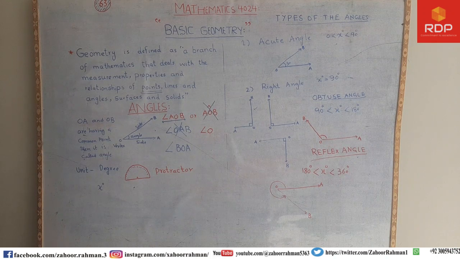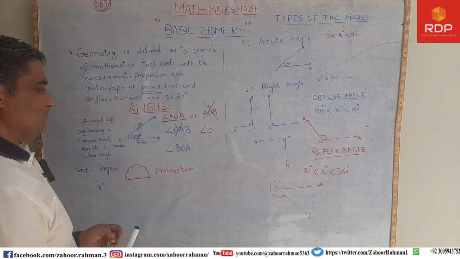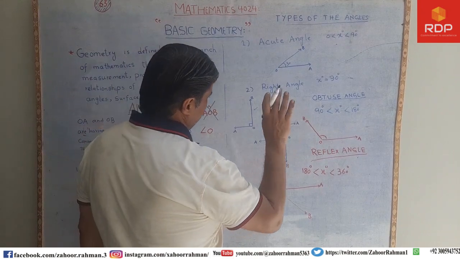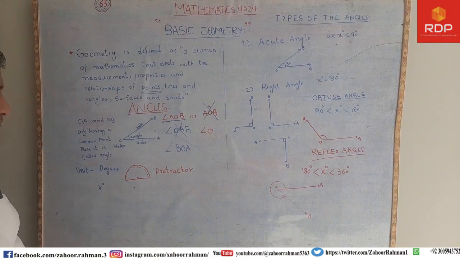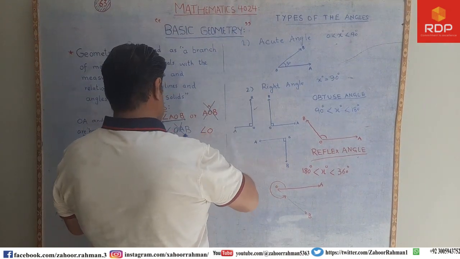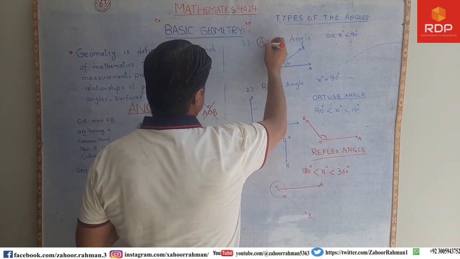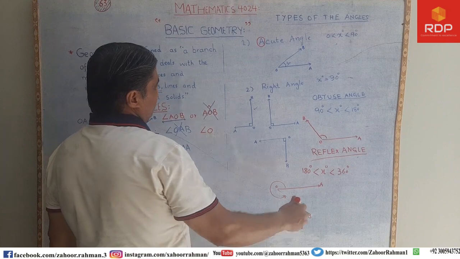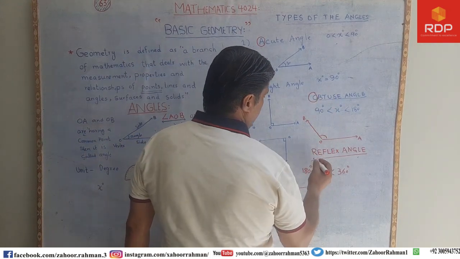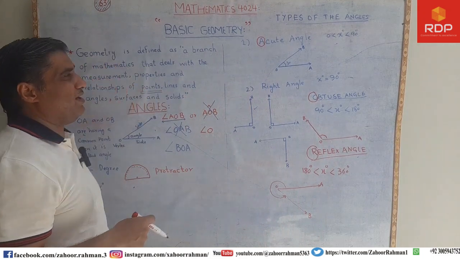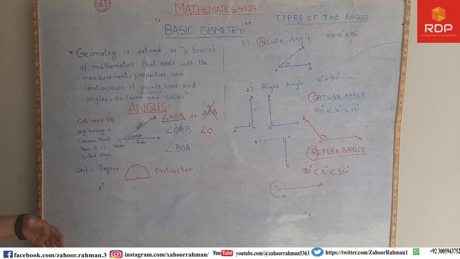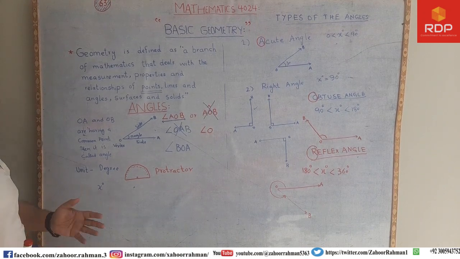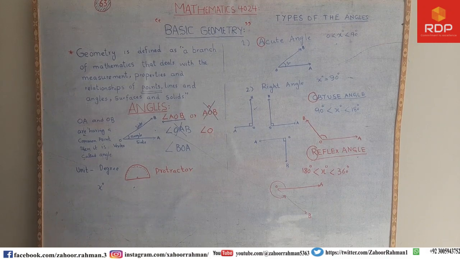One thing I must tell you, ladies and gentlemen, that the angles excluding right angle are in alphabetical order. This is starting from A and this is starting from O and this is starting from R. So that is in alphabetical order, excluding the right angle because that is not lying between this and this angle.